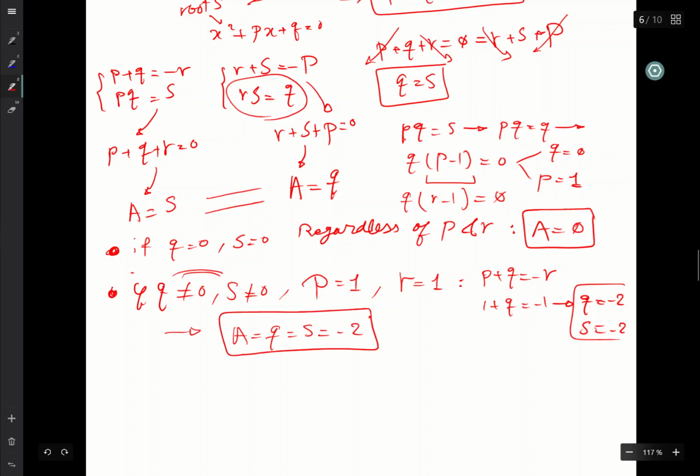So A is either 0, which happens when q and s are 0. And if q and s are 0, then p and r have opposite signs, they are negative of each other. P is minus r. So we have two sets of possibilities, let's say.